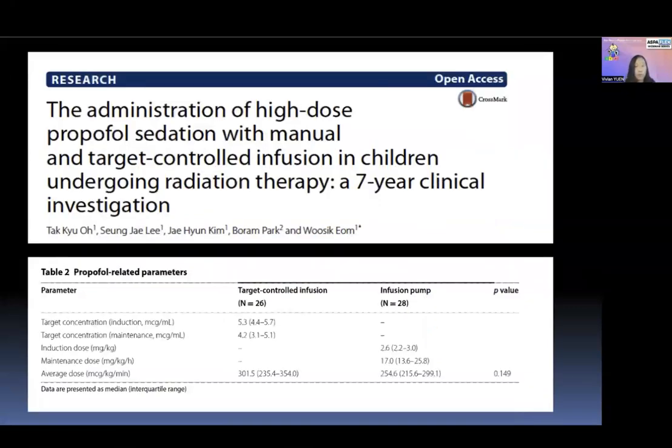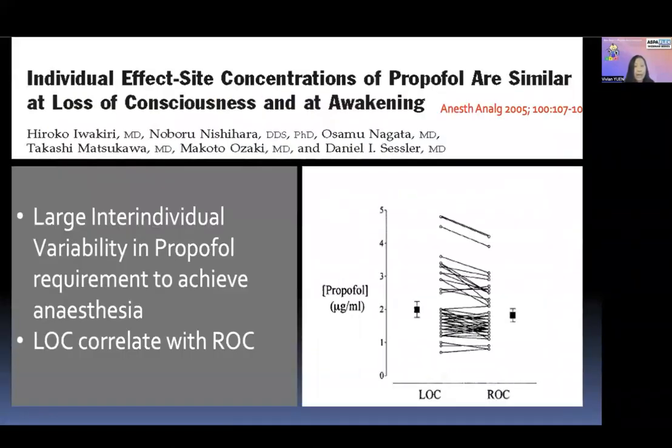When propofol was used as a sedation agent in children undergoing radiotherapy, the target concentrations for induction and maintenance were 5.3 and 4.2 respectively. In the end, there is definitely a large inter-individual variability in propofol requirement to achieve anesthesia.